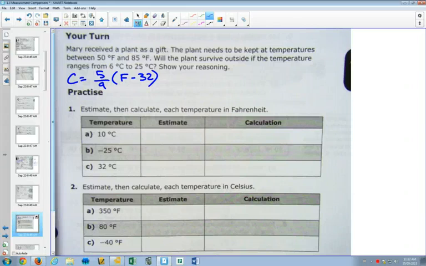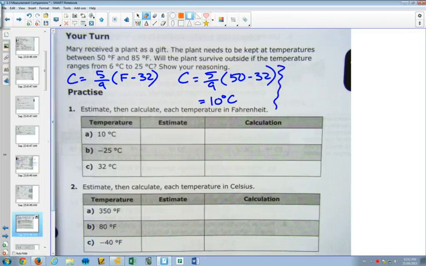So to figure out what 50 degrees Fahrenheit is, we're going to change the F to 50 and type this all into our calculator all at once. 5 divided by 9, bracket, 50 minus 32, bracket, enter, and we find out that that is 10 degrees Celsius.